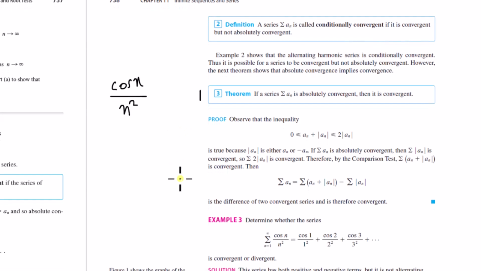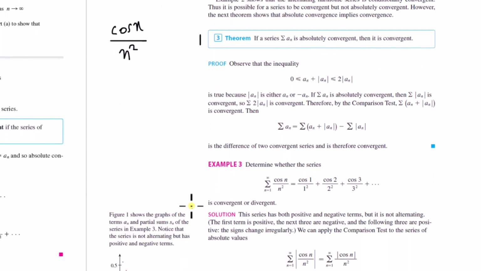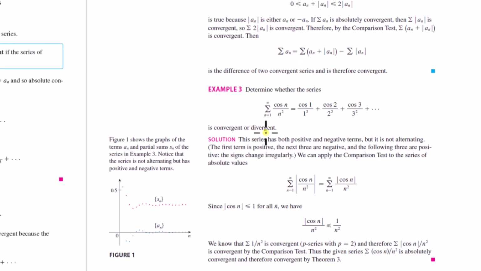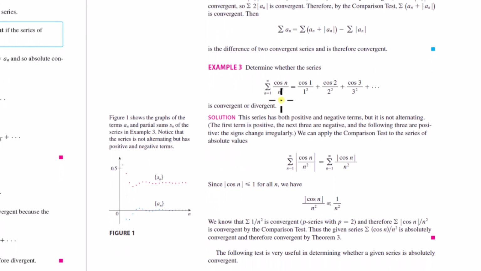Okay, so they give a proof here. And so they analyze this series here, cosine of n over n squared. It's problematic with what we've learned so far, because it's not alternating, but it has positive and negative terms. Well, take the absolute value of cosine of n over n squared. And n squared is always positive, so it's just the absolute value of cosine of n.